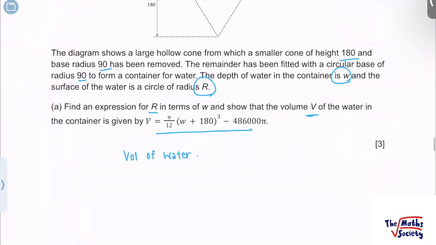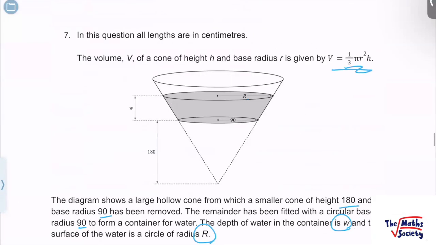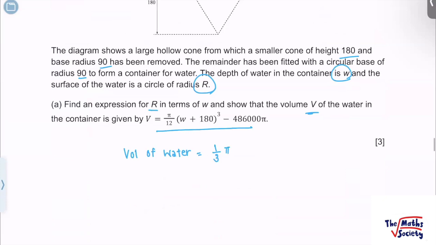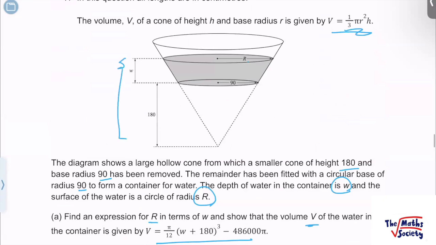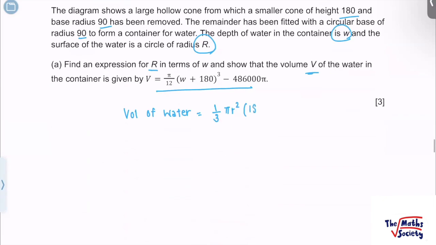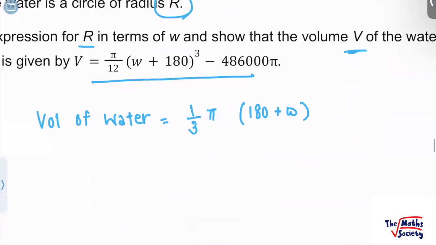The volume is 1/3 pi r squared h. So first pi r squared, and then h is going to be W plus 180 because it's the bigger one, and r is the radius R.